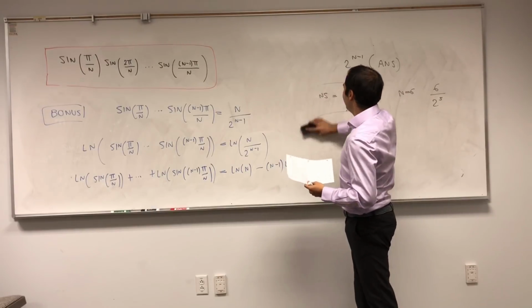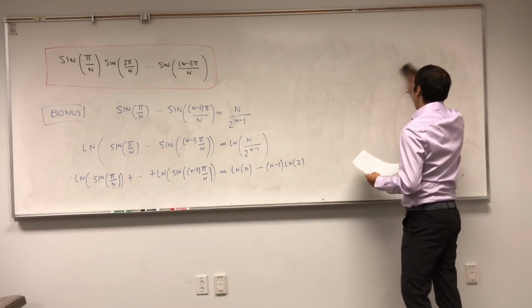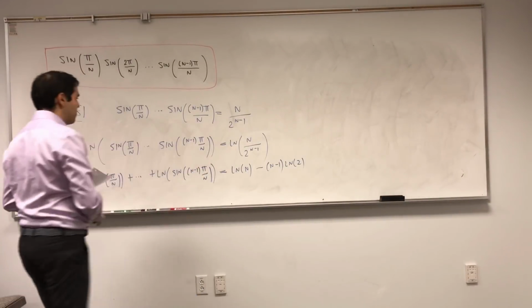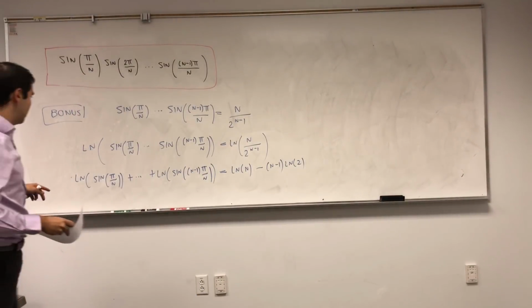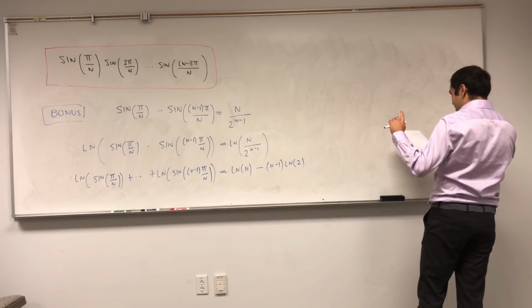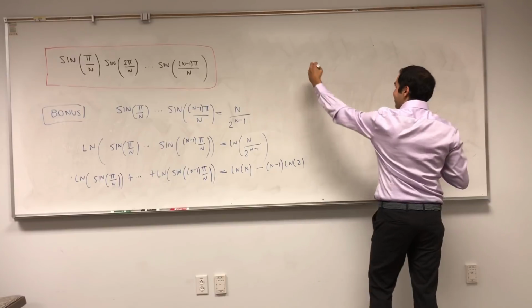And for reasons that will become apparent in a second, let's take this and multiply both sides by pi over n, sorry.